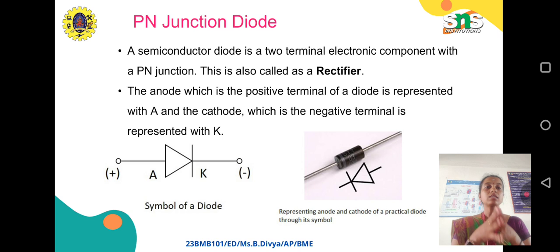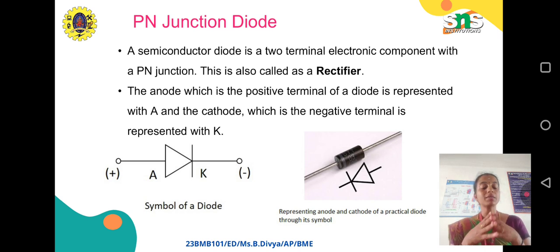A semiconductor diode, as I told you already in the previous video, conducts to a certain limit or a certain point, where silicon and germanium, both semiconductor materials, conduct at a certain point of voltage. That turns the normal diode into a semiconductor diode at the particular range.